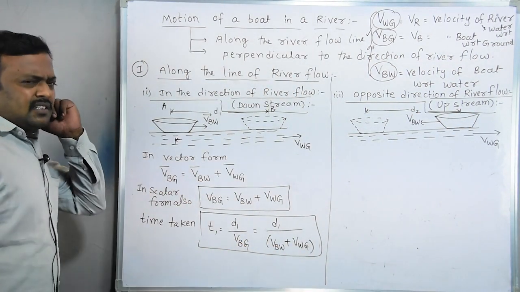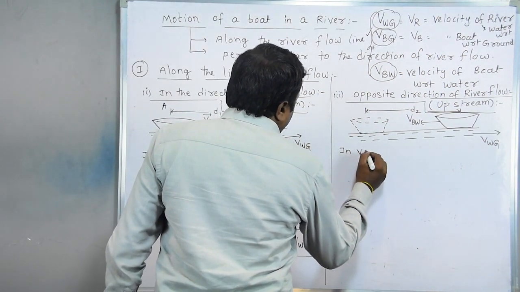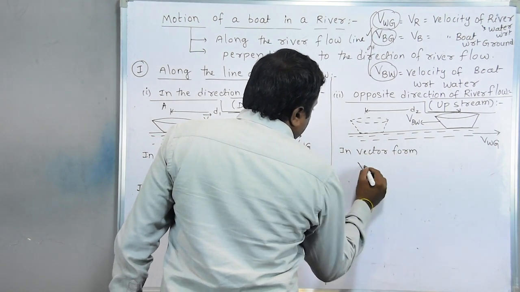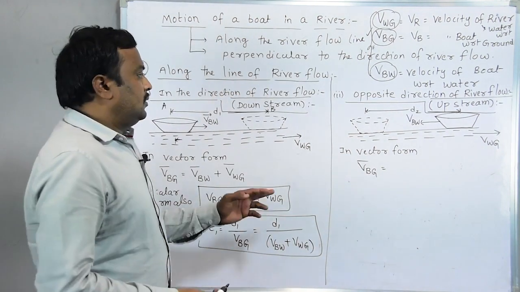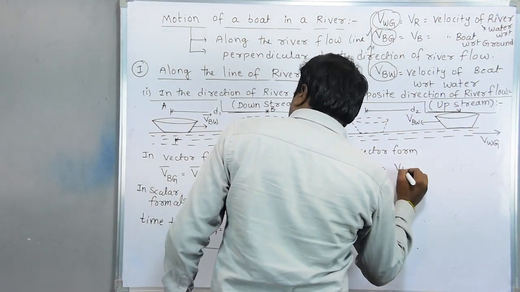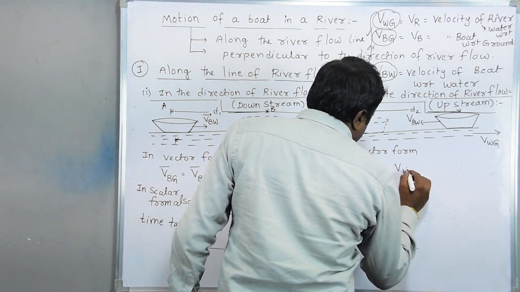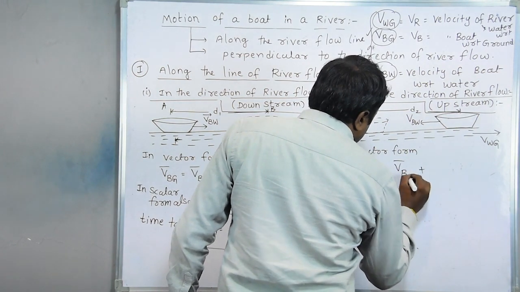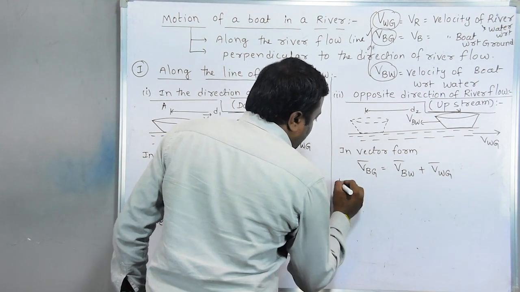Then how can you write it? Very simple. In vector form, velocity of boat with respect to ground is direct addition: V boat with respect to water plus V water with respect to ground.